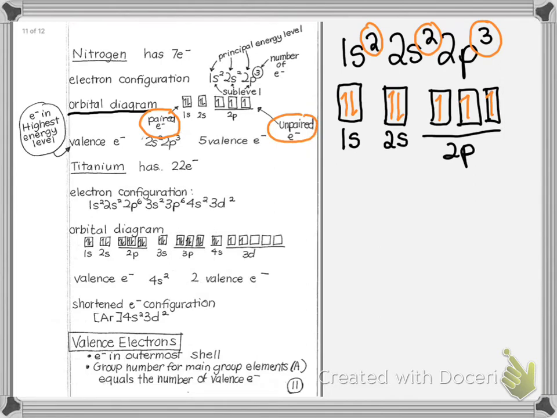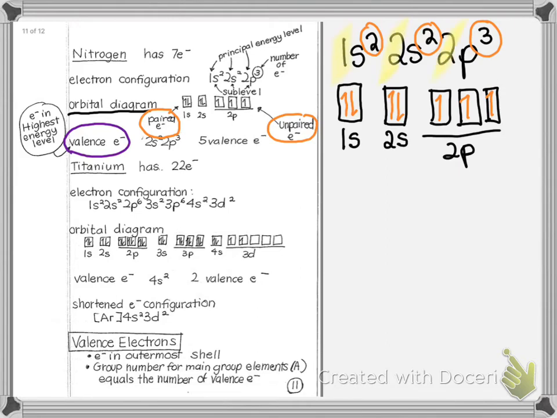Now, another thing that we label quite often, and this will be important in the next chapter, is something called the valence electrons. Valence electrons simply mean all the electrons in the highest level. Well, how do we know what level they're in? We look at these numbers. That tells us the level.